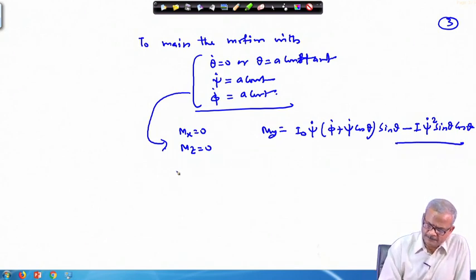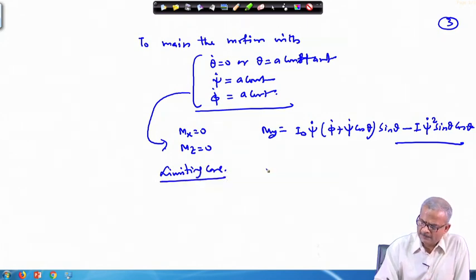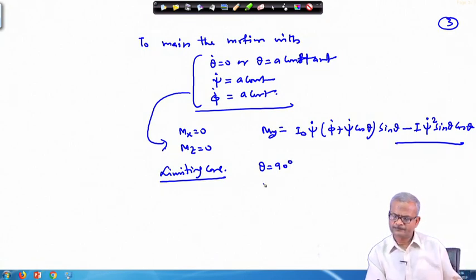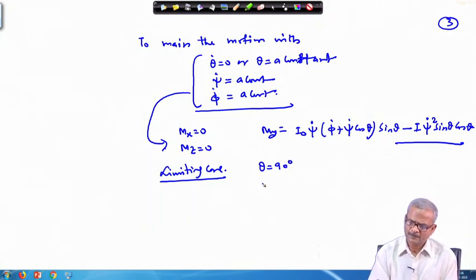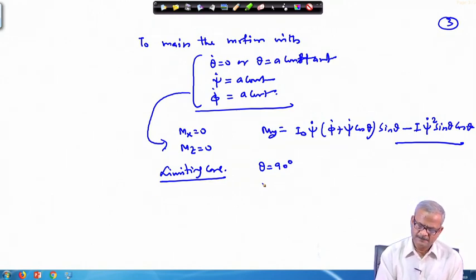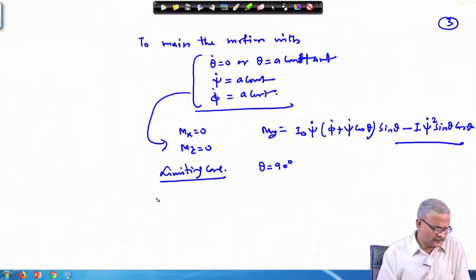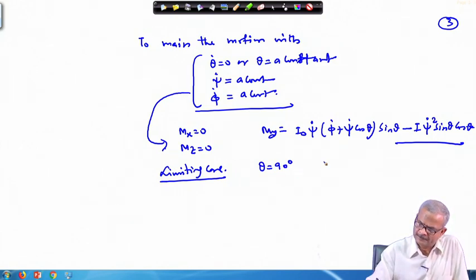Now, let us look into a limiting case. If theta equal to 90 degree, what result do we get? For theta equal to 90 degree, cos theta will be equal to 0 and sin theta is equal to 1.